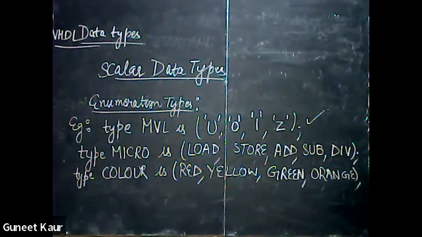Each identifier or literal in the type has a specific position in the type, determined by the order in which it appears. U is written in the first place, 0 in the second place, 1 in the third place, and Z in the fourth place. So it is ordered. The first literal has position number 0, meaning load is at position 0, or you can say U is at position 0, and so on.